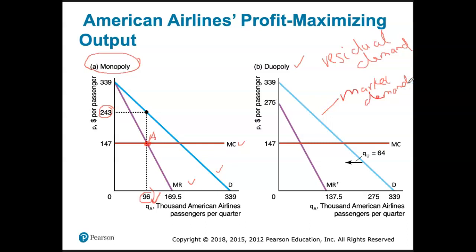Let's also assume that American Airlines believes that United Airlines will fly 64 passengers.